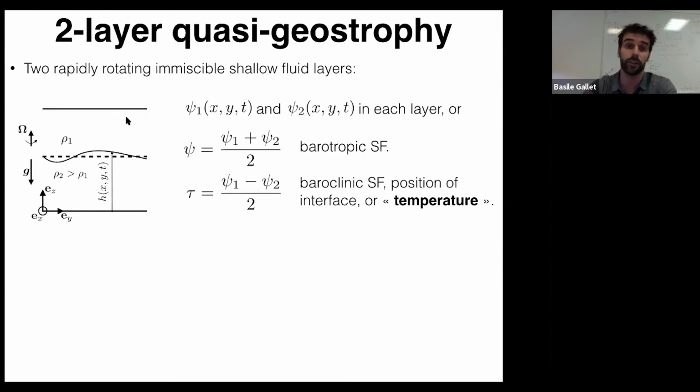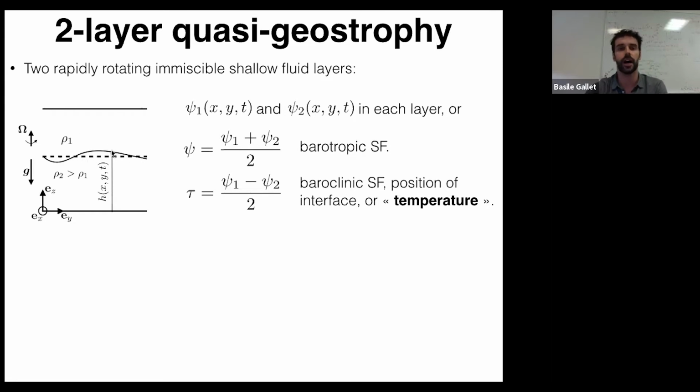You can form another variable, which is the difference between the two stream functions. Now, what's nice is that in quasi-geostrophy, or in geostrophy, the stream function is directly related to the height of the fluid layer, meaning that the difference in stream functions is directly related to the height of that interface here.